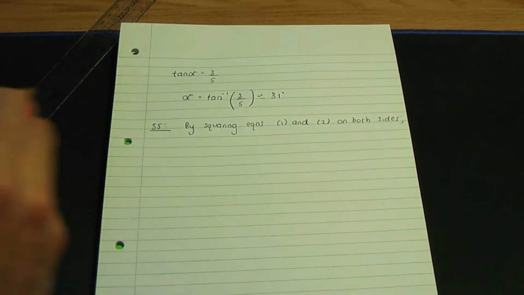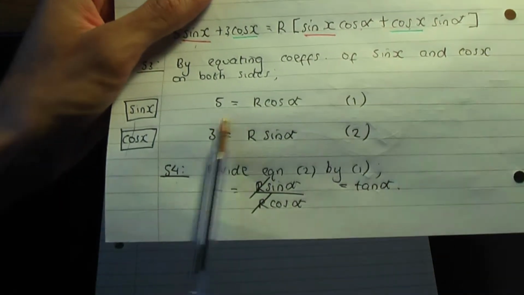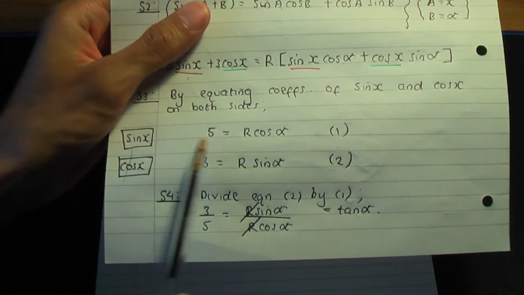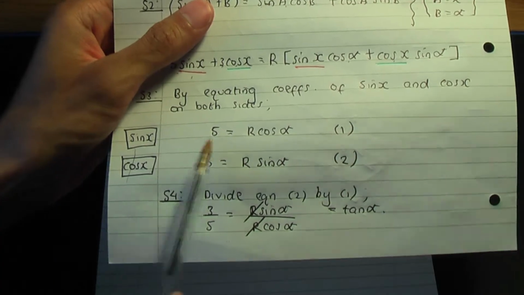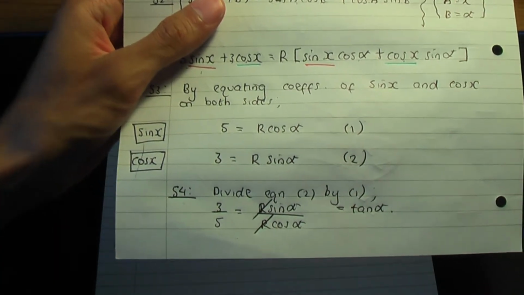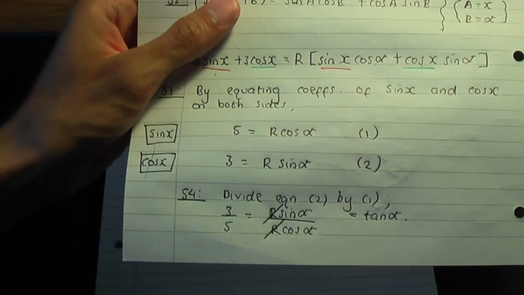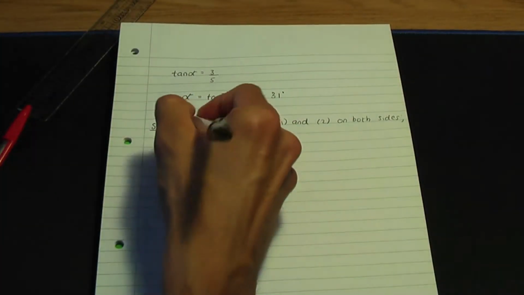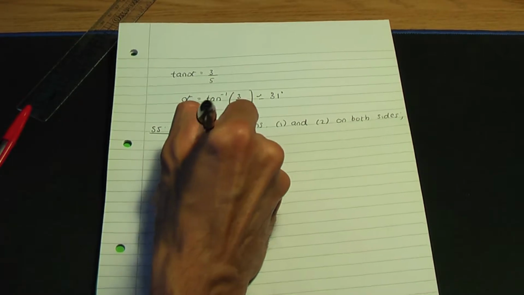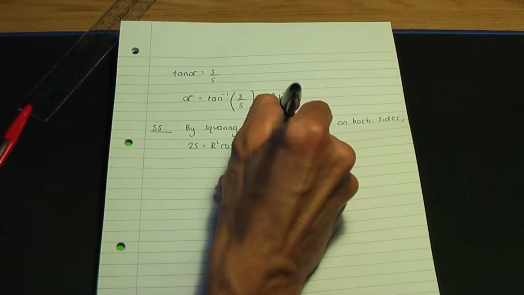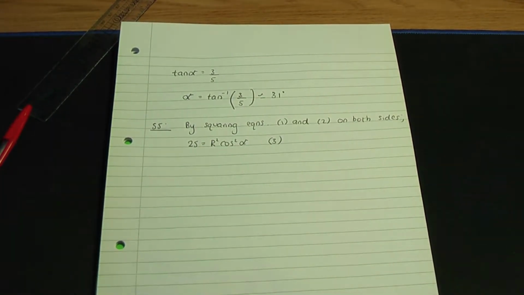If I remind myself, equation 1 is 5 is equal to r cos alpha, and if I square on both sides, 5 squared is 25, and that is equal to r squared cos squared alpha. Let me name that equation 3.